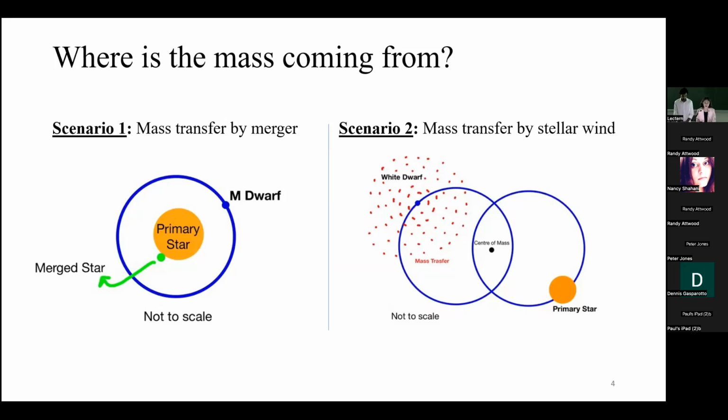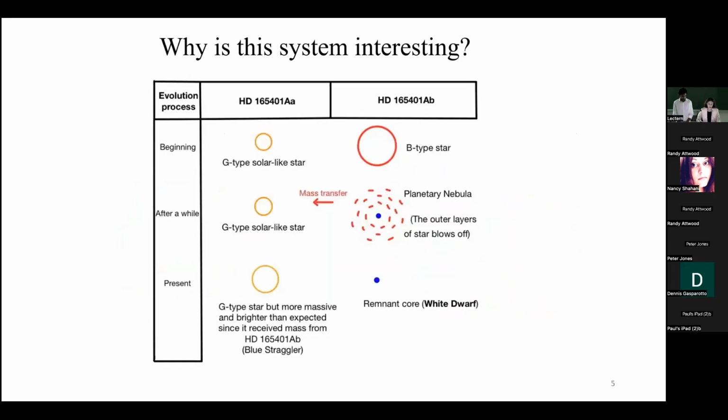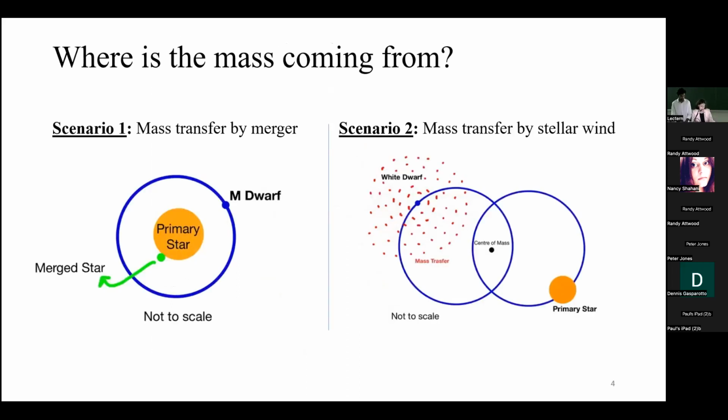And one of the phases is that the outer layer, I'm going to show it here, the outer layer of the star blows off. And based on that, the primary star gained mass. And we basically confirmed this scenario. And the fact that we found a white dwarf again confirmed this one.